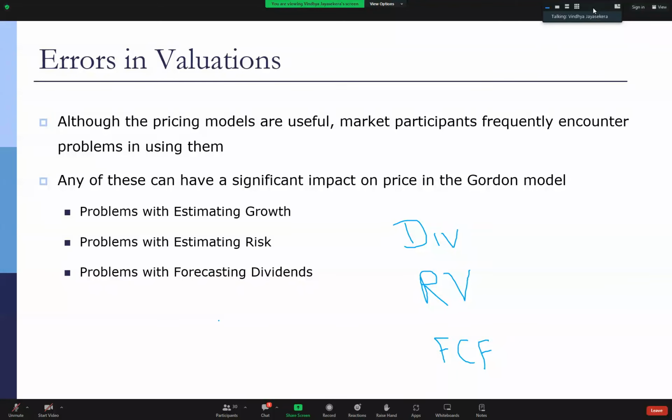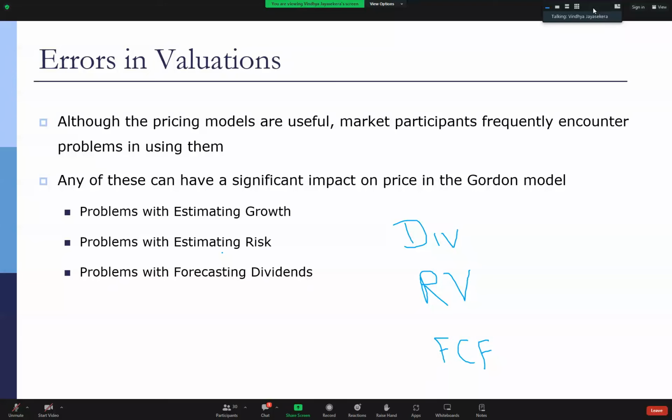in terms of estimating your growth rates, in terms of estimating your risk, in terms of forecasting your dividends, and in terms of forecasting everything on your free cash flow models, to have more insight into the company when you're doing that.